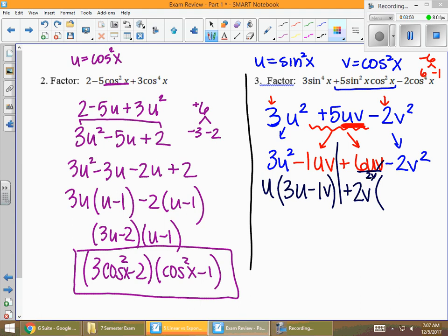The v's cancel, 6 divided by 2 is 3, and I have the u left. That's matching what I have over here for my first term as well. Then when I divide negative 2v squared by 2v, I'm going to have negative, my 2's cancel, and I'm left with 1v. Nice. So that's my factored form with my u's and v's.